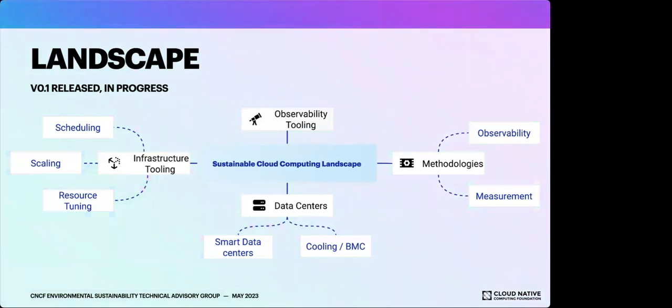So to understand where we are at in environment sustainability, we have a lot of different tooling. Observability tooling to know, for example, energy metrics and then calculate the carbon footprint and so on. Then infrastructure tooling also plays a role, to schedule resources, to scale up resources and to tune those resources.